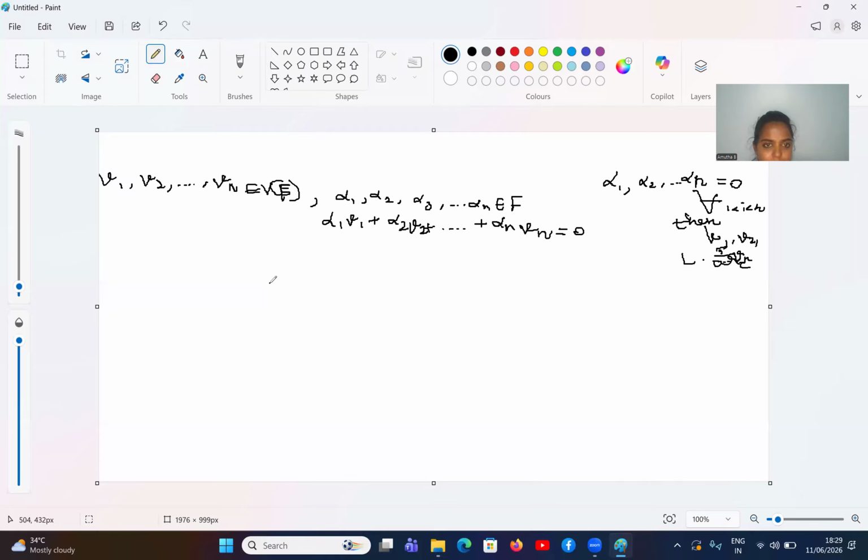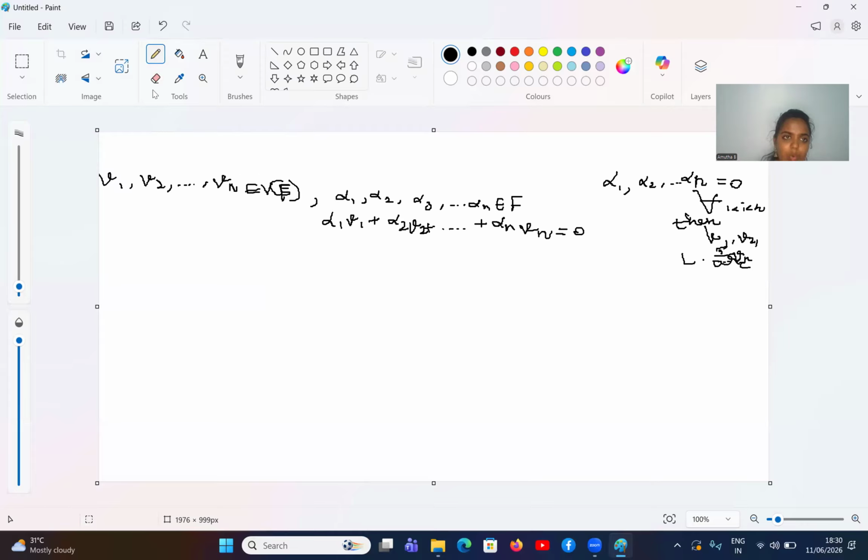Suppose some alpha i is non-zero, it means that one alpha is depending upon the other alphas. That means our vectors are dependent. So now you are clear about linearly independent.